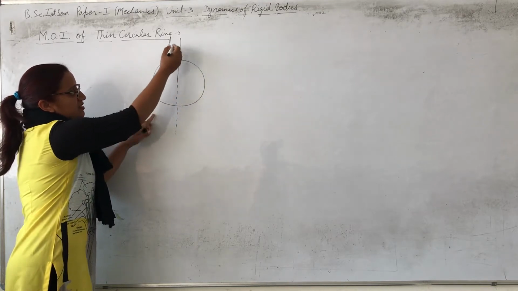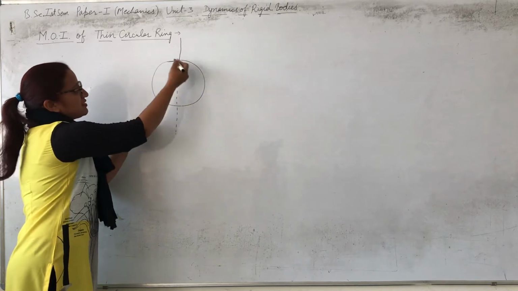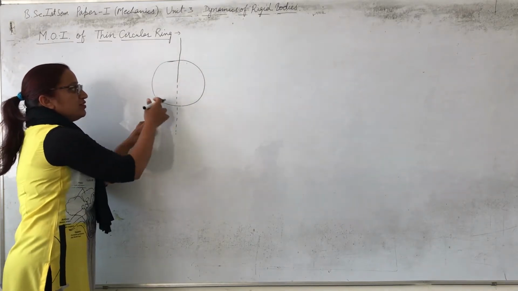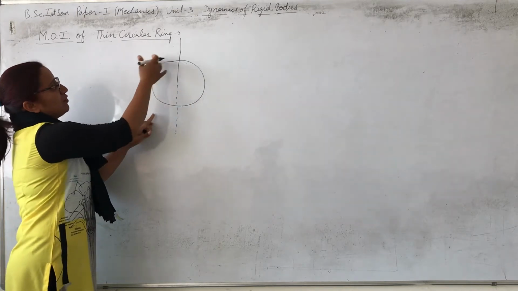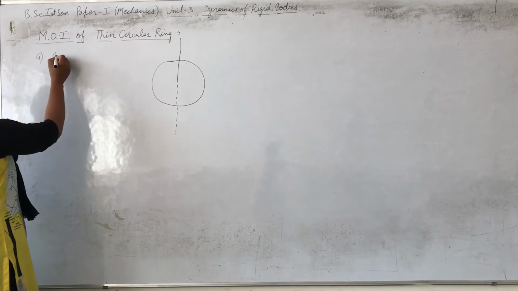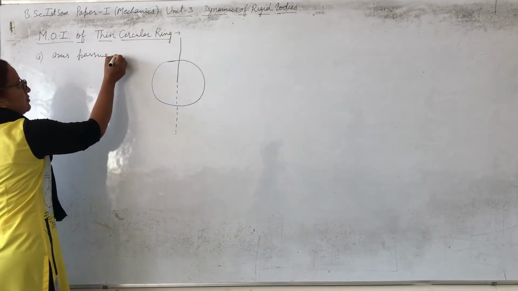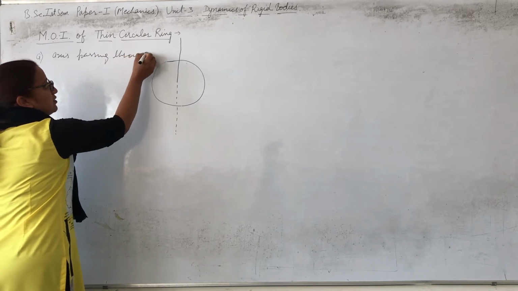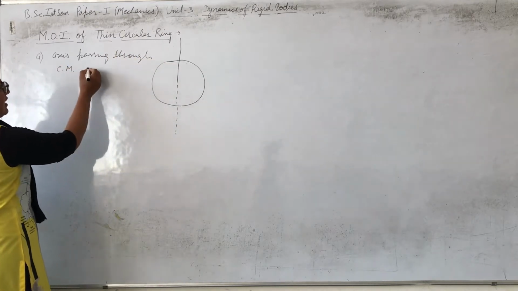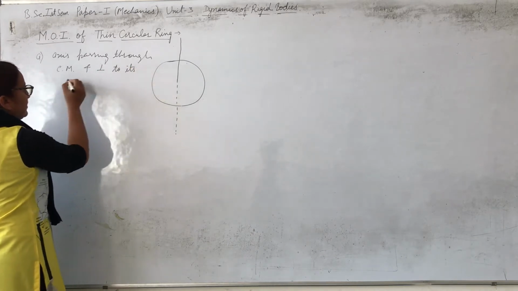Of course, it passes through the center of this circle which is representing the circular ring, and perpendicular to the plane of this blackboard or plane of this circular ring. So it is about an axis passing through the center of mass of this circular ring and perpendicular to its plane.